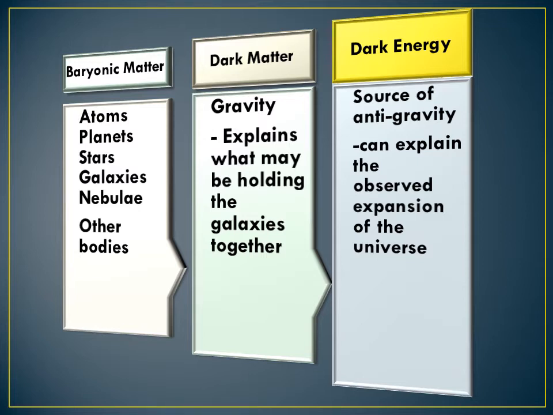These can explain what may be holding galaxies together, for the reason that the low total mass is insufficient for gravity alone to do so, while dark energy are sources of anti-gravity. This can explain the observed accelerating expansion of the universe that will be proven in our next discussion.